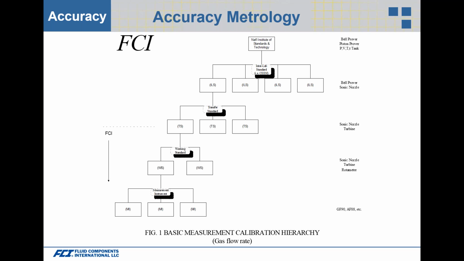And that's where you get into the sonic nozzle or turbine or rotometer that is sent back to that NIST calibrated facility. And that's where we verify the meters that we're using to calibrate our meters. And then the last row is the measurement instrument. That's the meter that's been calibrated based on the primary meter that the factory is using.